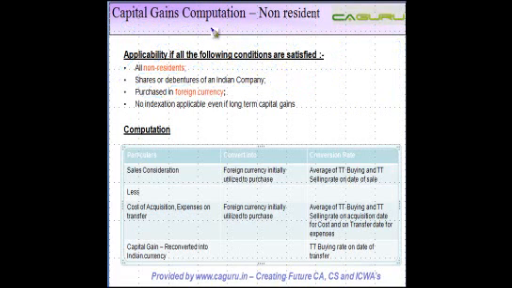This is basically section 48, Proviso 1. It is applicable when all these conditions are satisfied. The seller is a non-resident on the date of transfer.